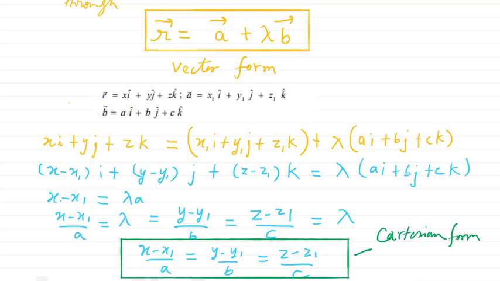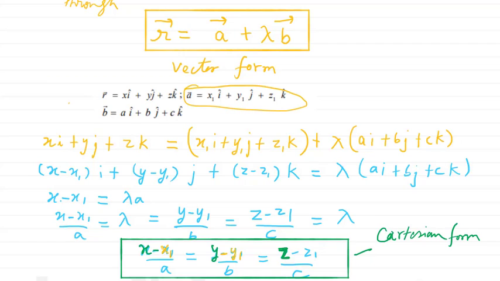As you can see, in this form you are not getting the i, j, k unit vectors along the x, y, z axes. You will get only numeric values, and only the variables x, y and z. Here x1, y1, z1 comes from the point through which the line passes.